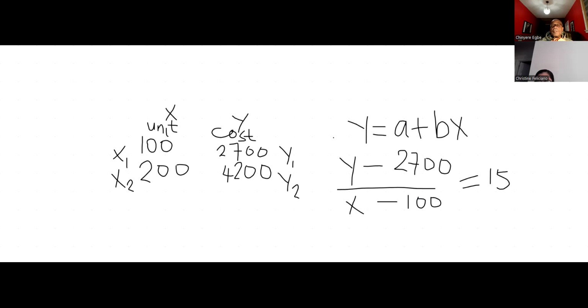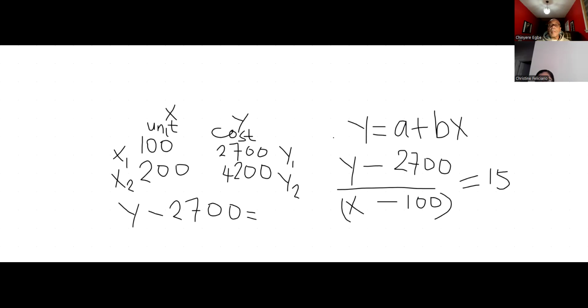what then is the relationship that I can create out of this? So then you go here, Y minus 2,700 must be equal to, now you're going to take this whole expression from below to the right-hand side of the equation. Do you remember that process?